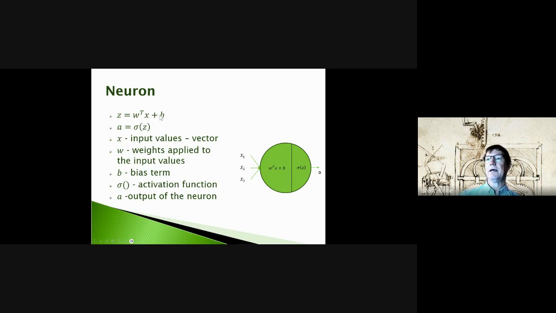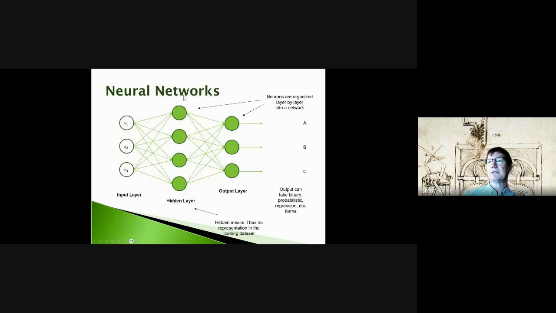And then plus a bias. So these are vectors. That's a scalar, and because we're summing all those up, that's going to produce a scalar value there at Z. Then we put this through a nonlinear function, and that produces our output, right? All right, I think I covered all those things.